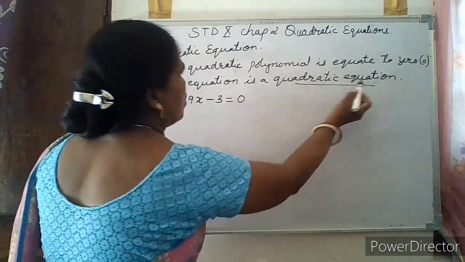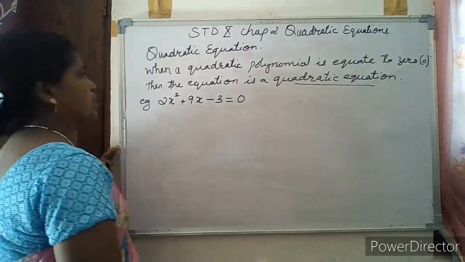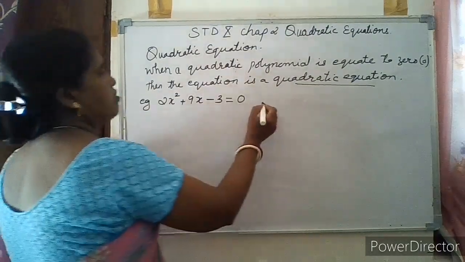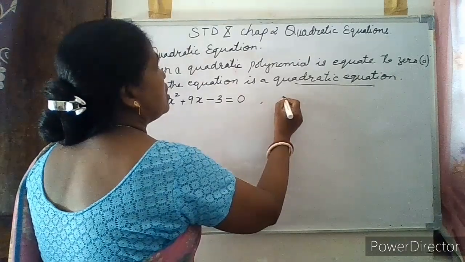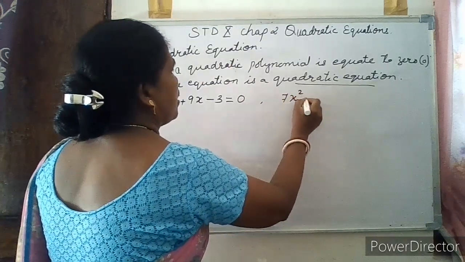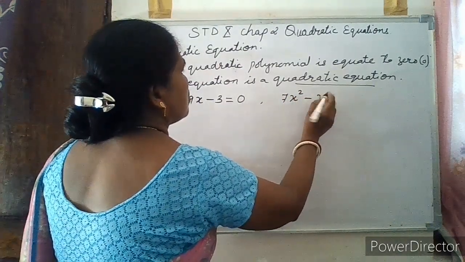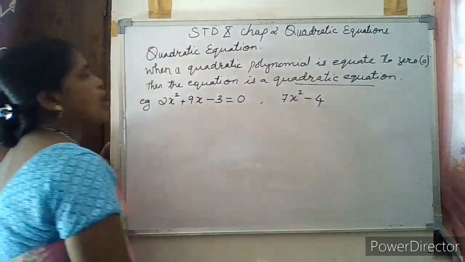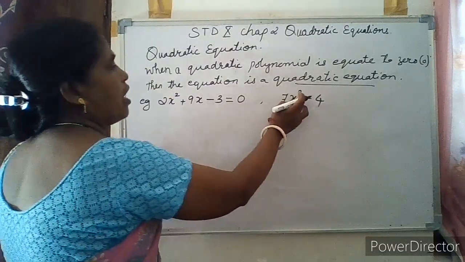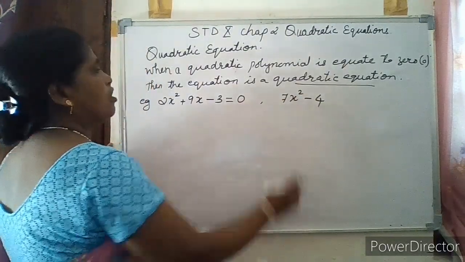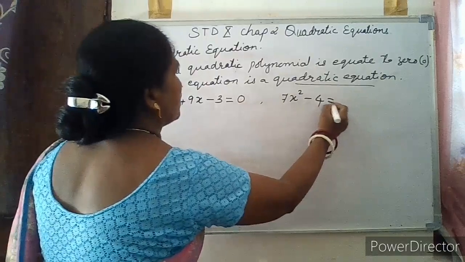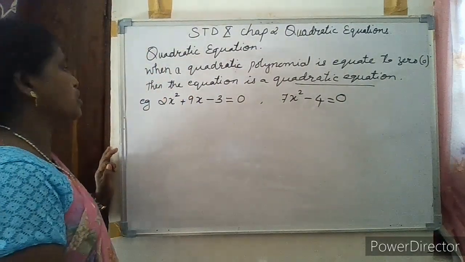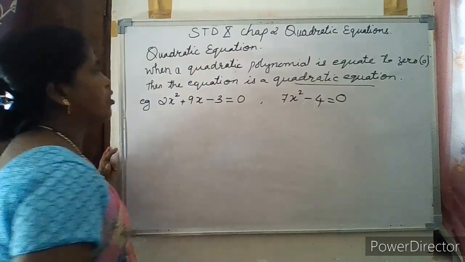So this is an example of a quadratic equation. Another example, suppose I take 7x squared minus 3 or minus 4. This is also a quadratic equation because the highest power, or degree of the polynomial, is 2. Then it is equal to 0. It is a quadratic equation. So this is what a quadratic equation is.